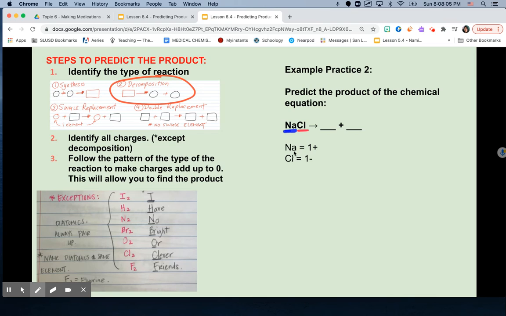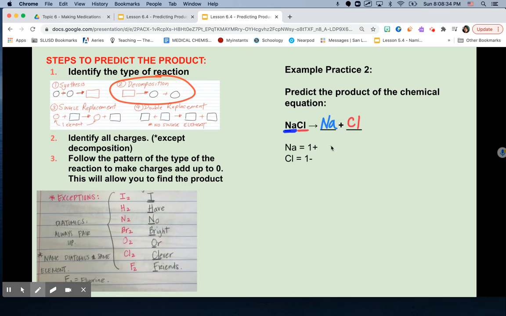Notice that I also gave you the charges of each element separately, so you can also figure it out that way. So when this molecule breaks up, I'm left with Na by itself plus Cl. Right, so I'm just following the pattern of this general structure. One thing will split up into the two things.